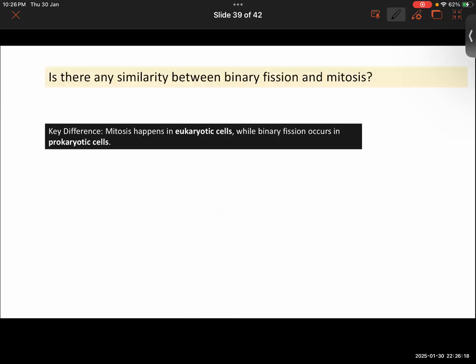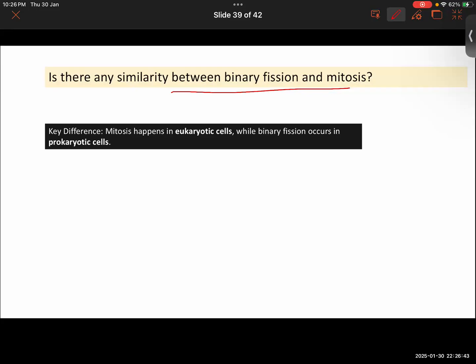Now we have this question: is there any similarity between binary fission and mitosis? The similarity is that those two cells divide to form two identical daughter cells. The parent cell divides to form two identical daughter cells, right?